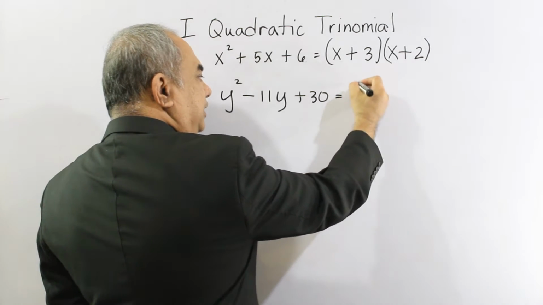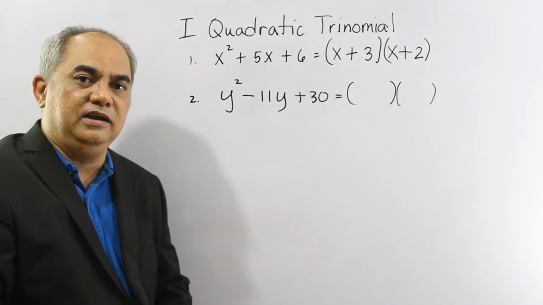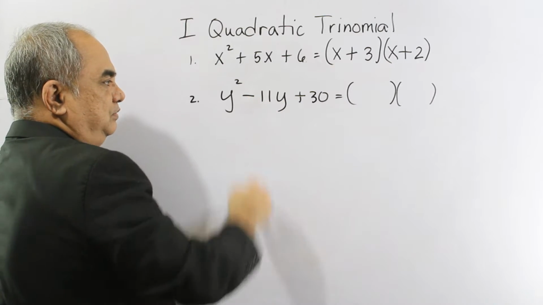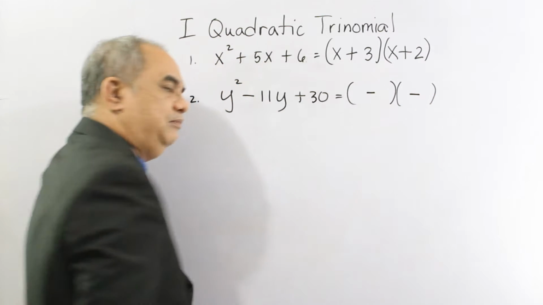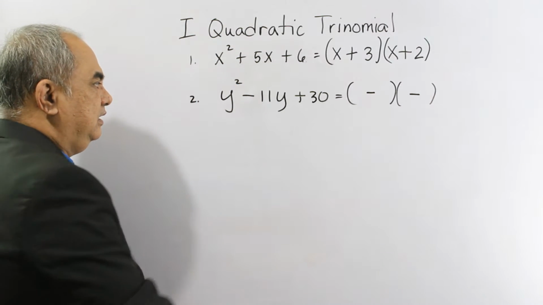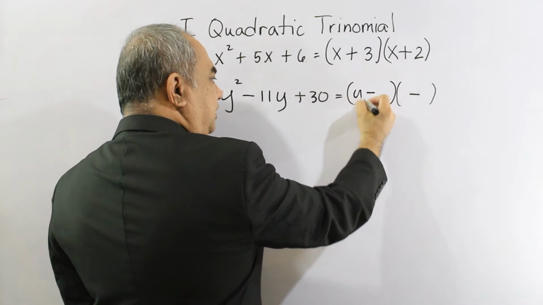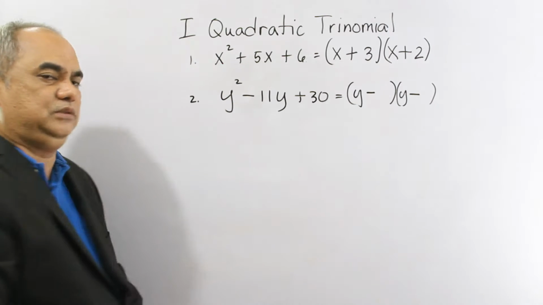So once again, we write two parentheses here. Again, since this is positive, you just have to copy this negative sign here for both parentheses. And again, the factor of y squared is nothing but y here and another y here. So y times y will give you y squared.